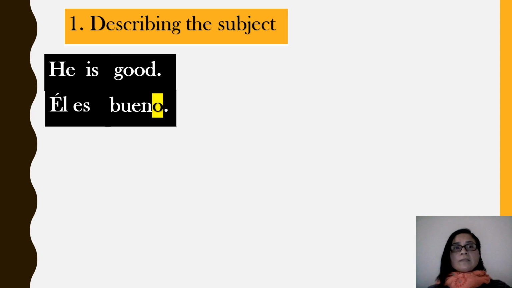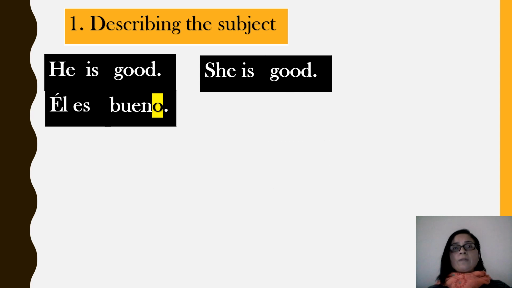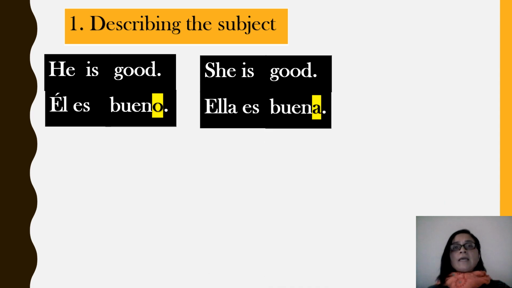So in this case, we are describing he, so the adjective has to end in O. So that is bueno. But now let's say that we want to describe she, and we want to say she is good. So she is ella es, and in this case, instead of saying bueno, we are going to say buena because we are describing she.